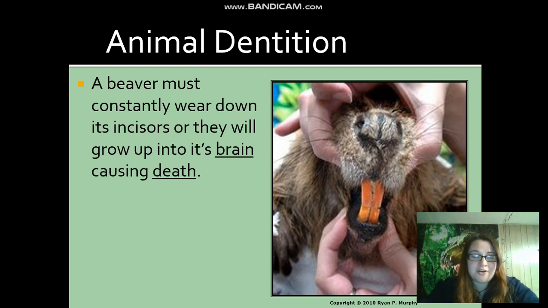And so if you ever want to be a rodent pet owner in the future, whether it might be a rat or a cute little bunny rabbit, maybe it's a beaver like we're seeing here in this picture, you need to make sure that you give them a lot of things to chew on, so it helps keep their teeth down so it doesn't grow into their brain and kill them.